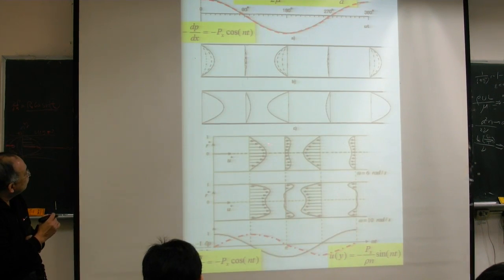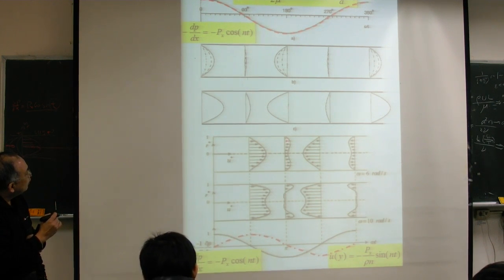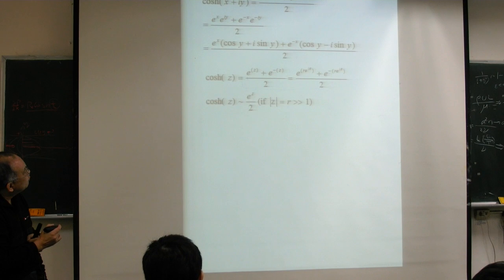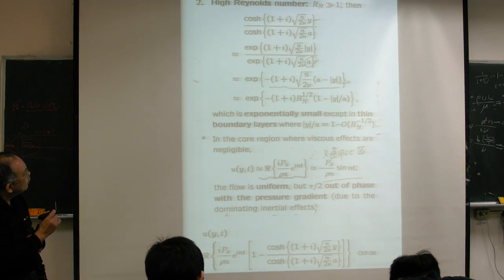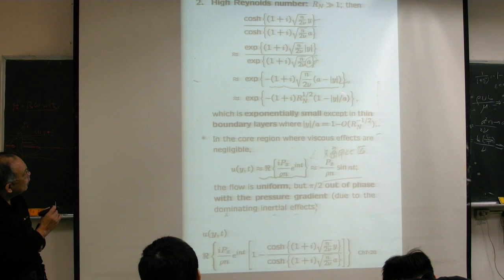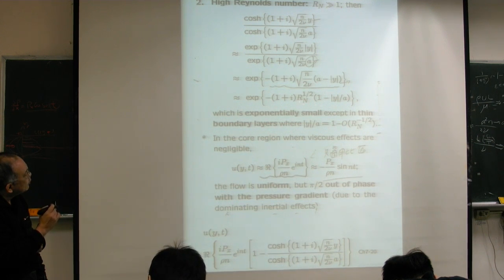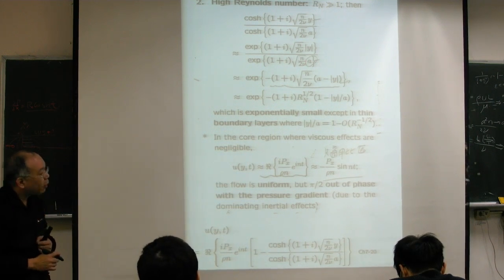This is the core region. We call this the core region. So near the core region, y is not within the thin boundary layer. So this term is not small enough, I'm sorry, this is a big number. So this exponential decay will be equal to 0, right?